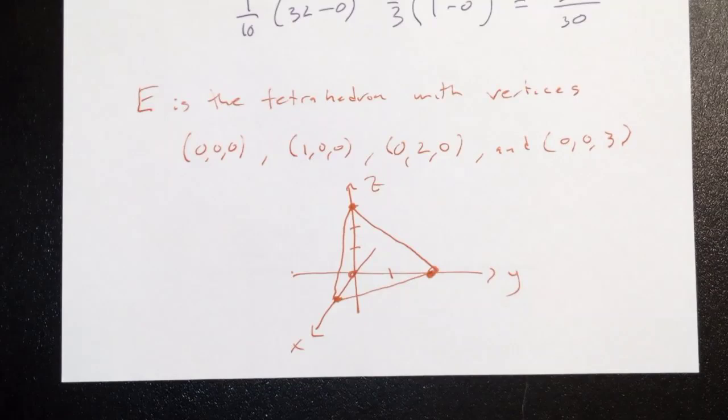But you can think of this plane as a top living over some region in X and Y. You could think of it as a front living over some region in Y and Z. You could think of it as a right side living over some region in X and Z. I don't even want to set up an integral. I just want to try and write the different ways to bound this. To do that, I need to know the equation of this plane.